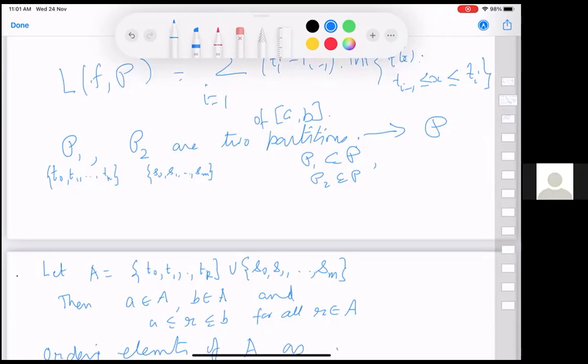P2 is dividing into M intervals, and we write those elements as S0, S1, Sm. So S0 to S1, S1 to S2, going on up to Sm minus 1 to Sm. So these are my two partitions. Now the point is that we can create another partition which is finer than these. That means which contains both of these. Got it, sir. Thank you.